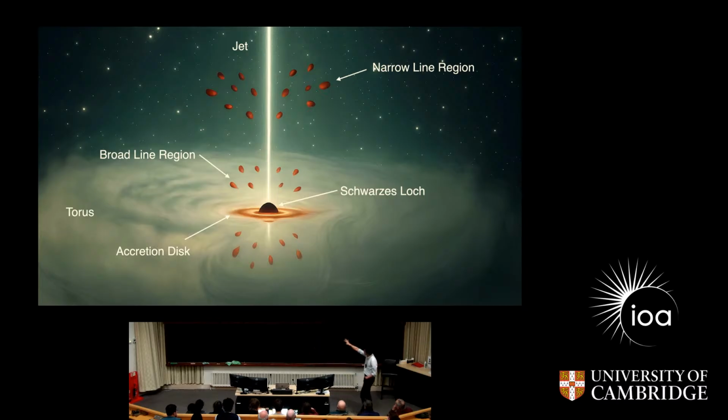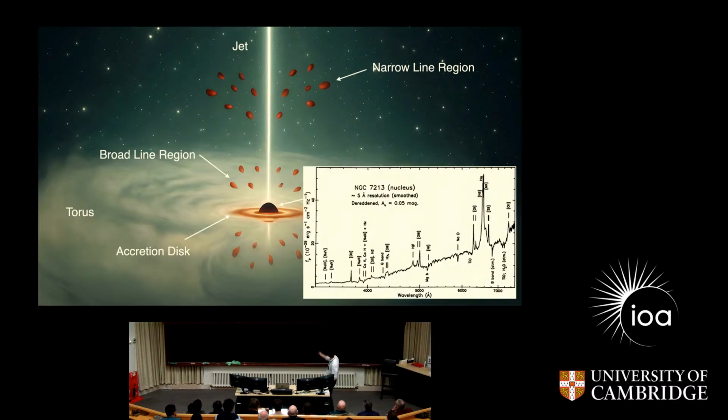Well, here we have cartoons, right? Because we have a hard time taking images of this. But what we can do is take spectra. So we can measure the light and split it up as a function of wavelength. And when we do this, we can get spectra like those. Okay, so this shows the amount of light you have as a function of wavelength. And you can see that some of these lines, like the H alpha emission line or H beta, are very broad.